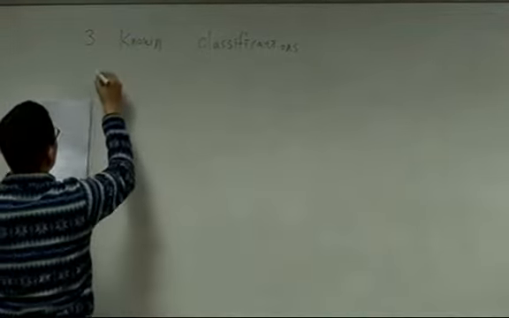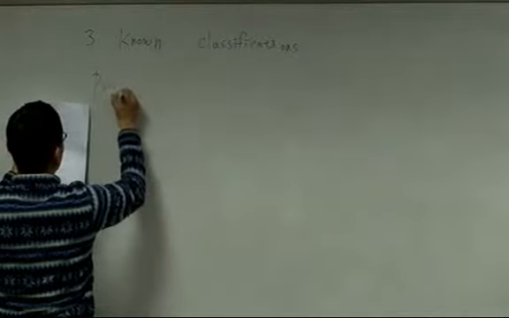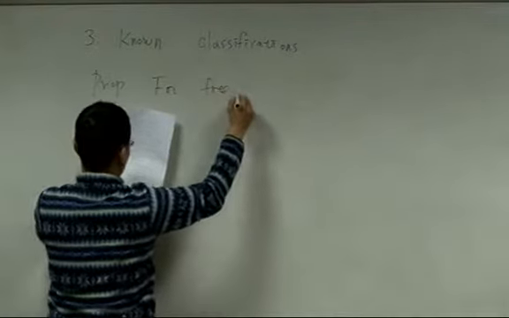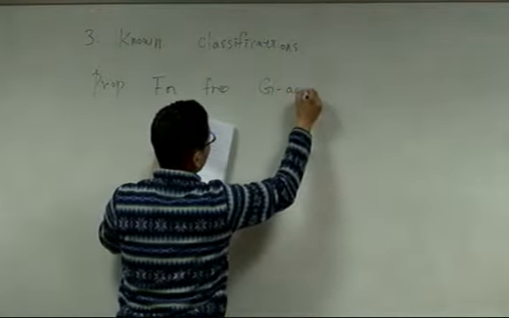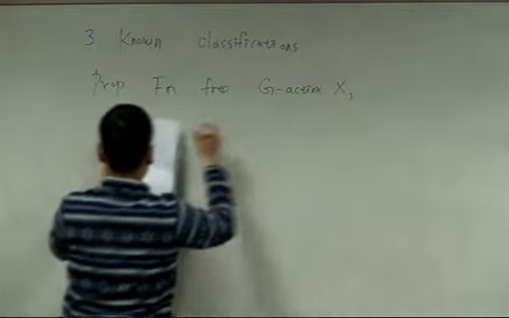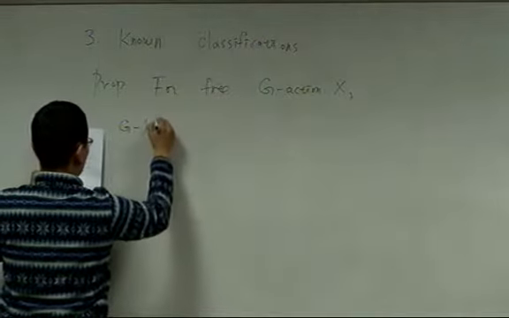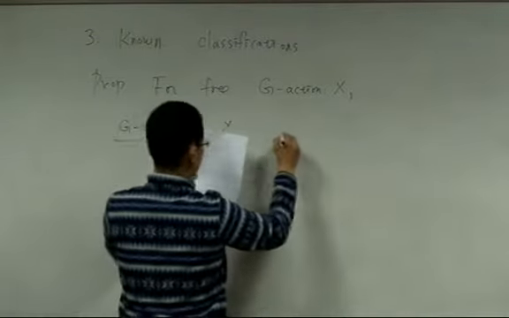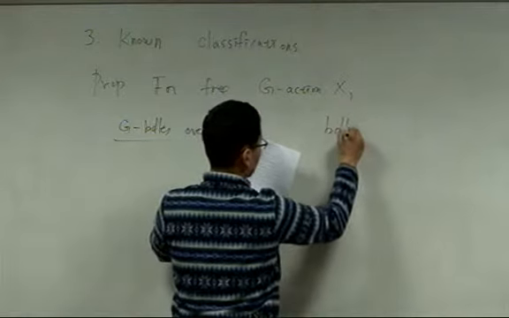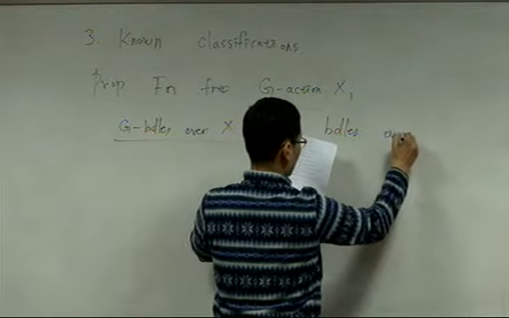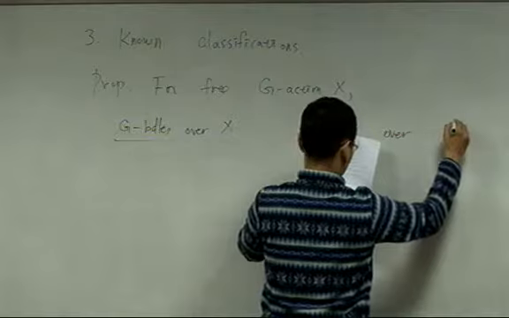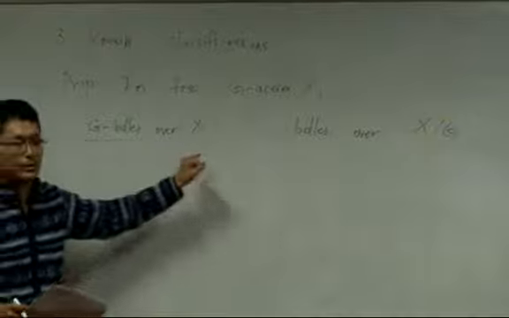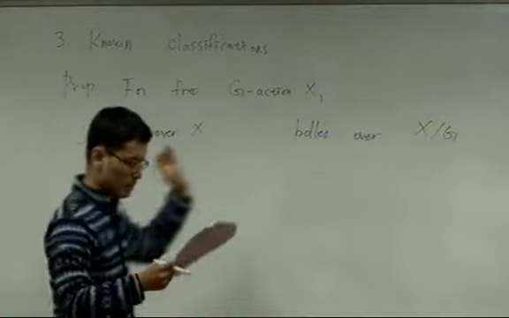Three results are typical. For a G action on X, G bundles over X are in one-to-one correspondence with bundles over X quotient G. These are G bundles and these are usual bundles with no action.